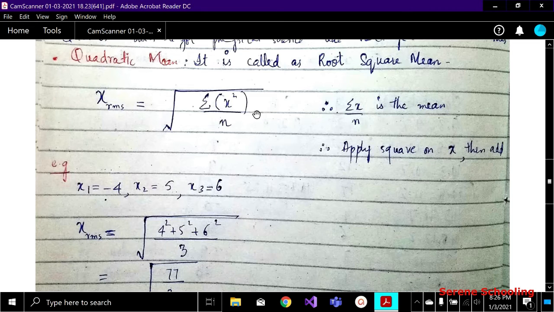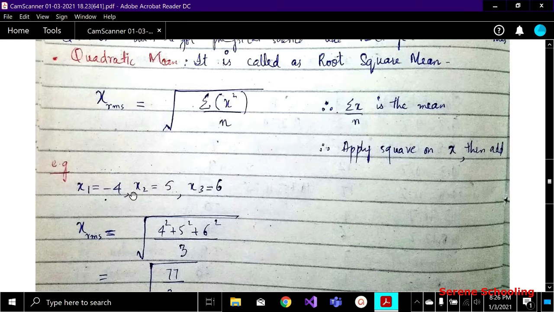You don't need to take the square of the sum, right? You have to take the square of each data value, then take the sum, then divide it by the total number of values, and take its square root. This is the formula for the quadratic mean.